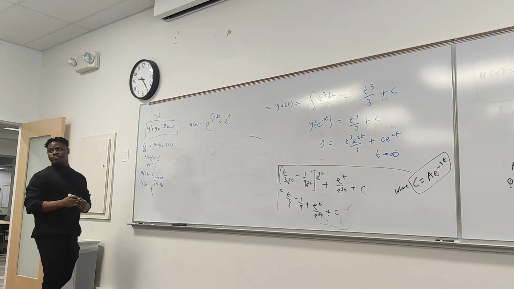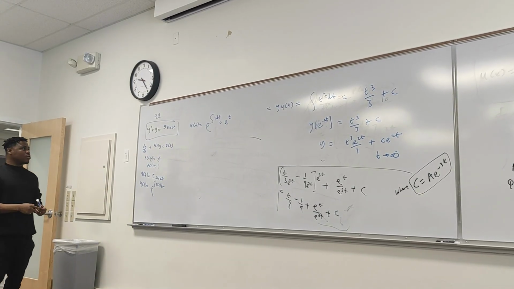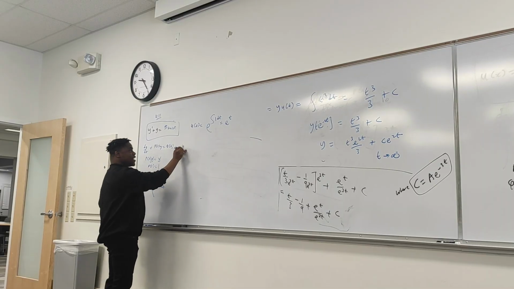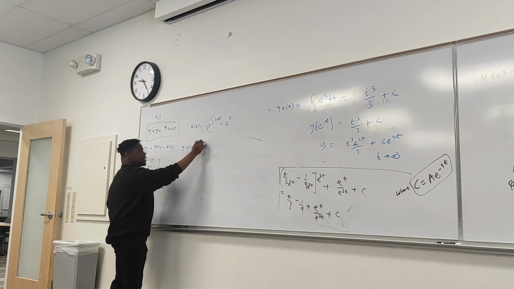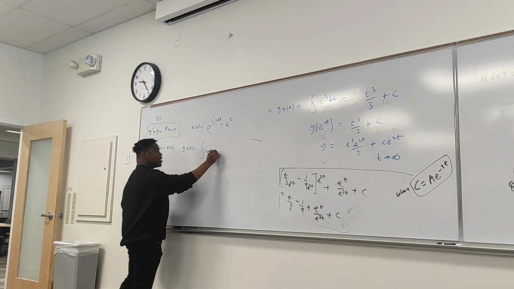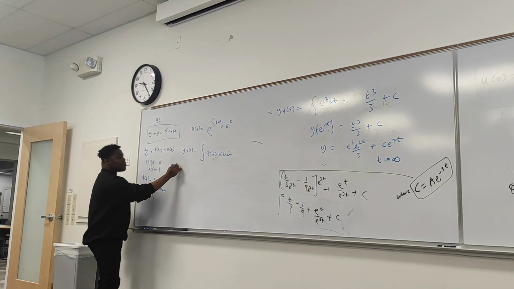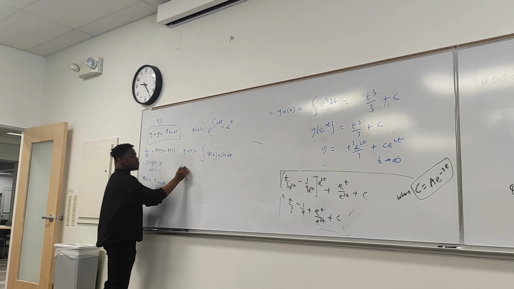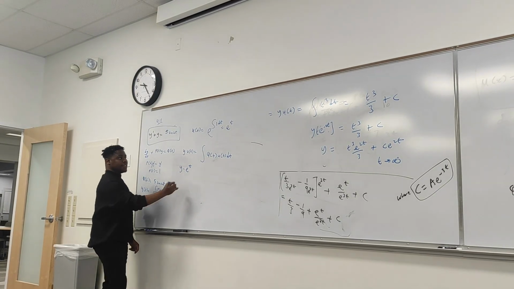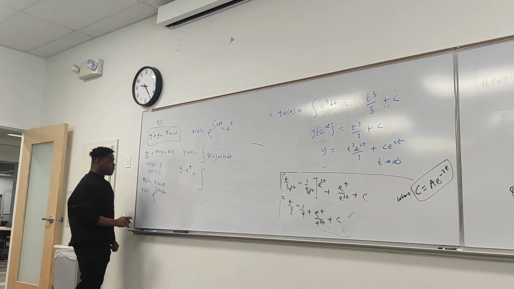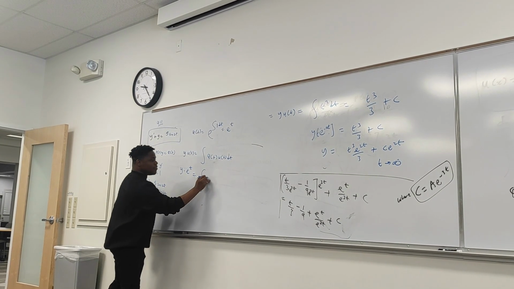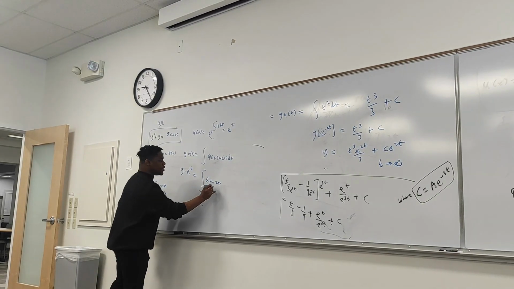And then our solution is y times mu of t equals integral q of t mu of t dt. So y multiplied by exponential t is the integral, where our q of t is 5 sine 2t, right?